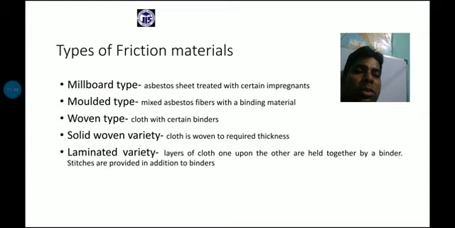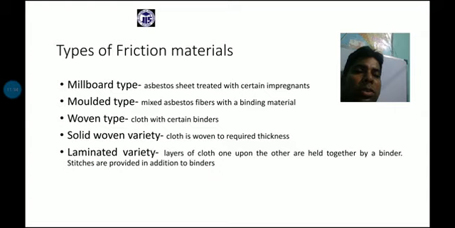Now next point is that the friction depends on the area of contact. We know that for friction material, the area of contact is very important. Pressure applied is also a very important point, and so is the coefficient of friction on the surface of the material.